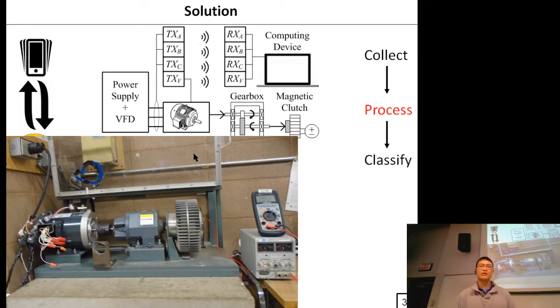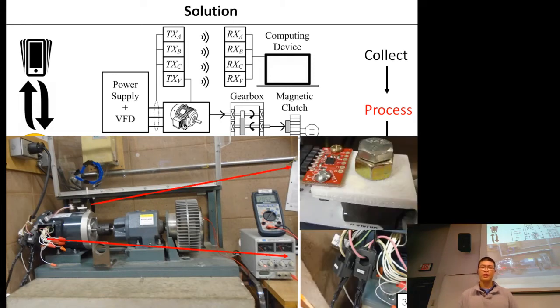The diagram basically looks like this, and we have the vibration sensor mounted onto the induction motor with a magnet, and the current sensors, just using these split core transformers, hook on to the current lines.